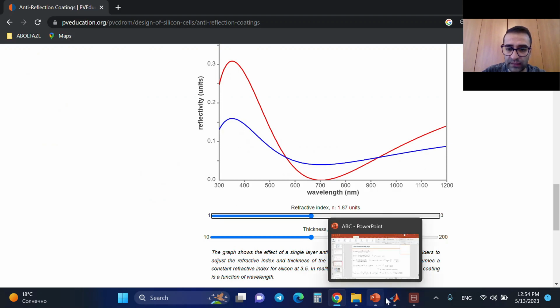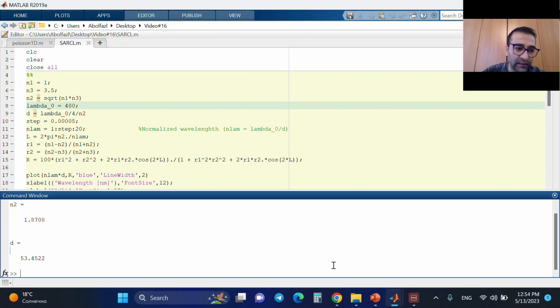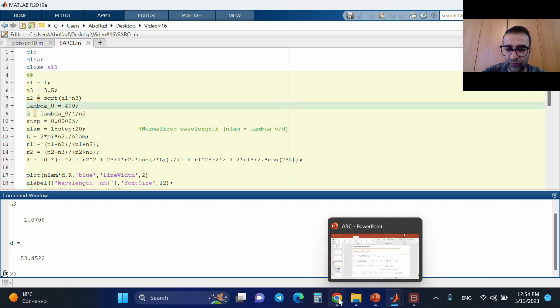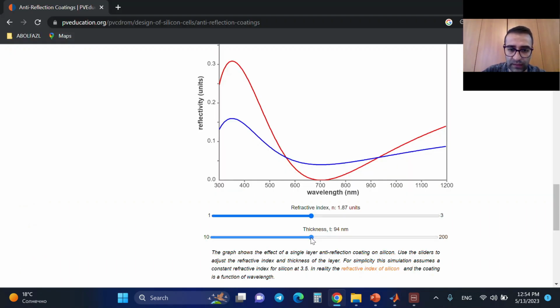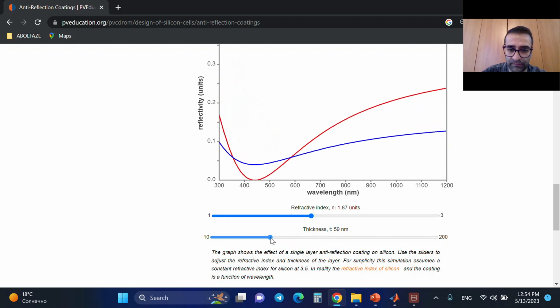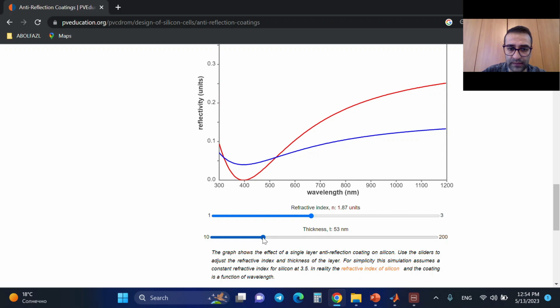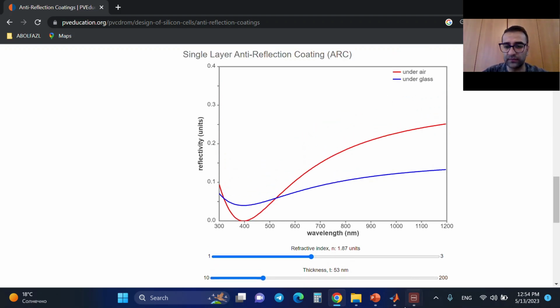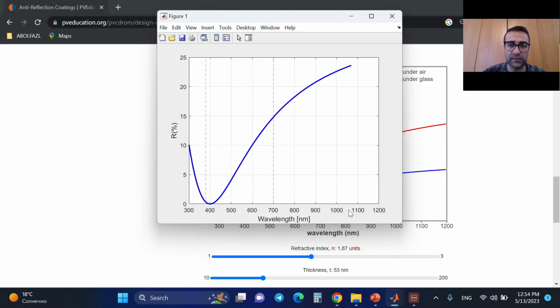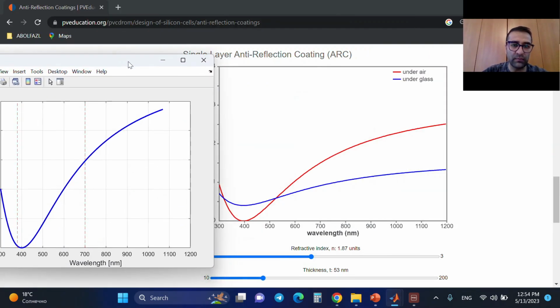And what should be the thickness? The thickness should be about 53.4, and here by reducing the thickness to 53, we have zero reflection at 400 nanometers.